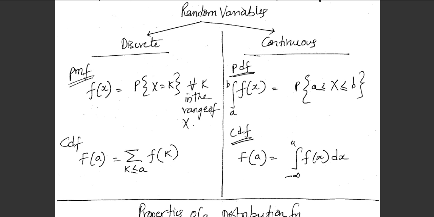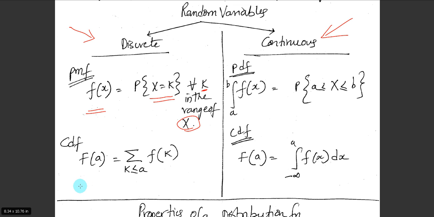At this point, I want to bring your attention to the summary of random variables, both discrete and continuous, that we looked at in the last module, and I want you to pay attention to these things just so this difference is very clear for you. The f of x for a probability mass function is defined as the probability that x takes exactly a value of k for all k in the range of this random variable x.